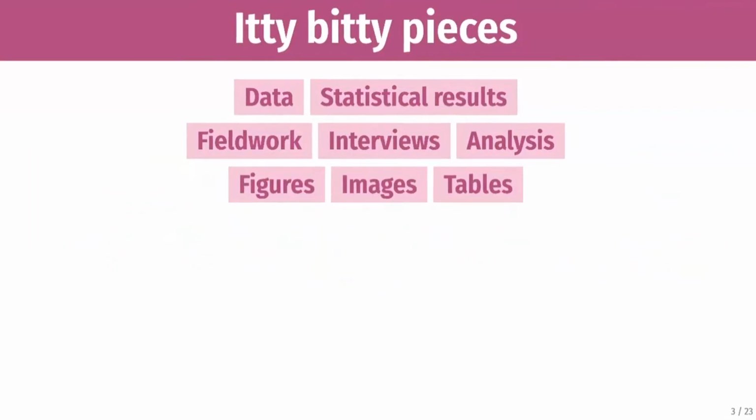Finally, when you're starting to piece things together, you have pictures, you have tables, you have figures that come out of your stats programs, and then you have citations. If you're doing any sort of academic research, you have to put all sorts of citations in there. You have to care about the citation style.